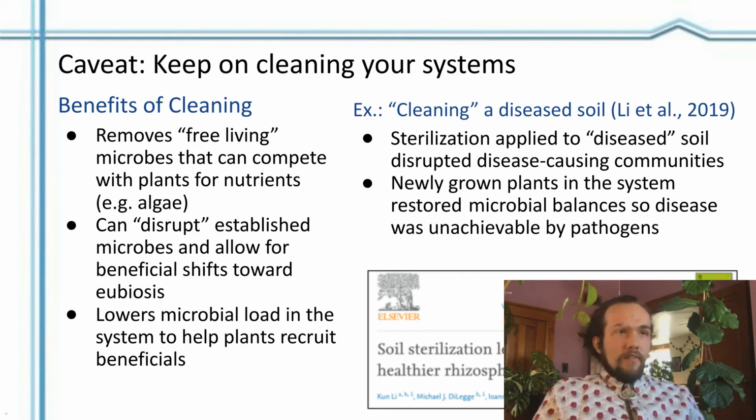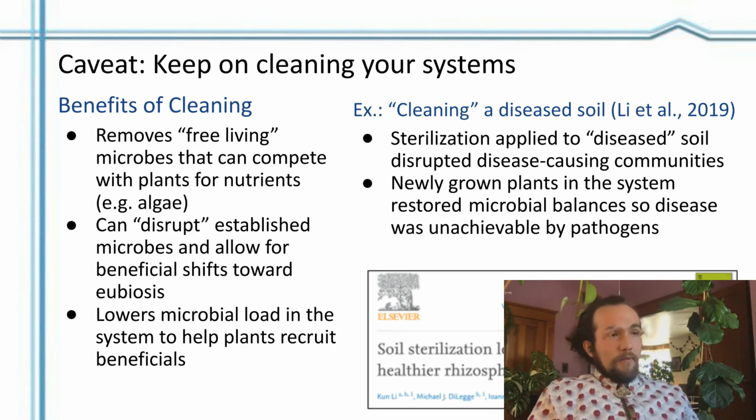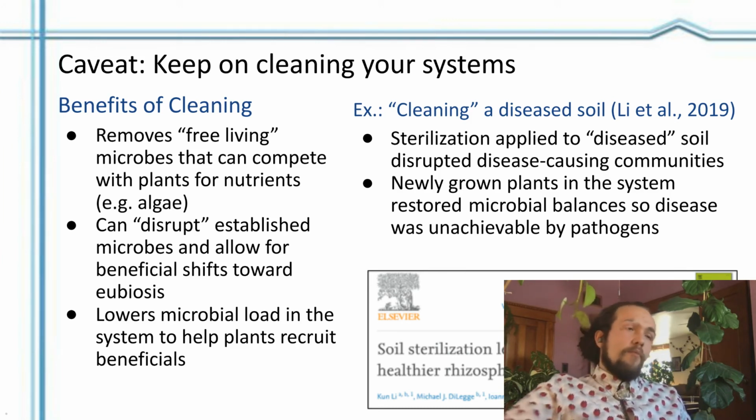So even though the disease-causing organisms were present, they were unable to achieve pathogenicity on the plants. And that was in a living soil system as opposed to a hydroponic system. So cleaning is good when you can do it because it can help lessen high microbial populations and allow your plants to selectively feed things to a degree to get more of a microbial balance.